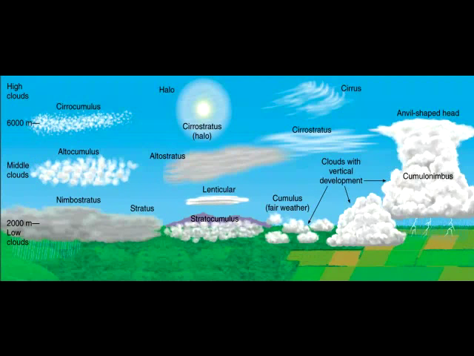And examples for low clouds with a base below 2,000 meters are stratus, stratocumulus, or nimbostratus. We also find clouds with extensive vertical development, such as cumulus or cumulonimbus.